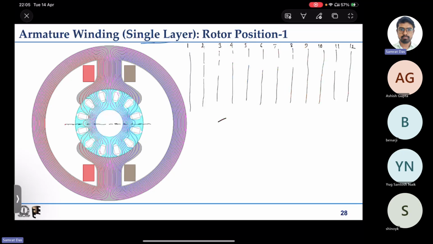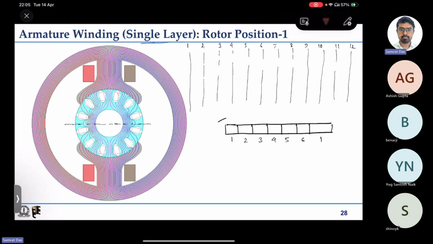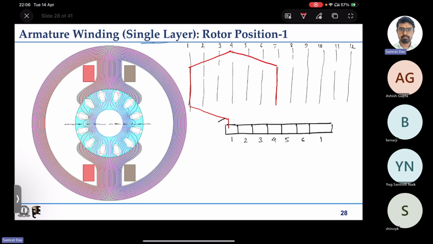And we have the armature, we have the commutator segments 1, 2, 3, 4, 5, 6, and again 1. So this is how it will go. The first one will come back from 7, it will come back to 2.